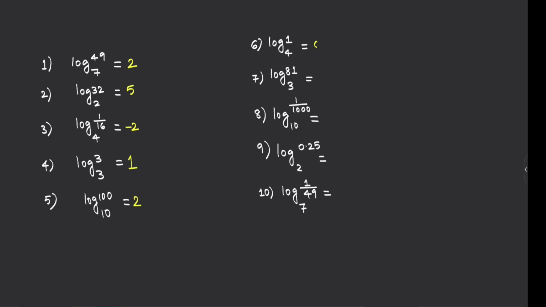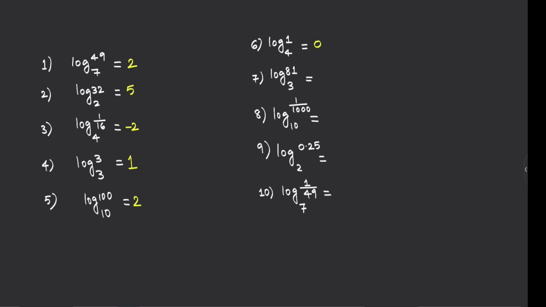So 4 should be raised 0 times to get 1. So log 1 to the base 4 is equal to 0. Not only log 1 to the base 4, log 1 to any base is 0, because any number to the power of 0 is 1. So whenever you have 1 here, the result will become 0.